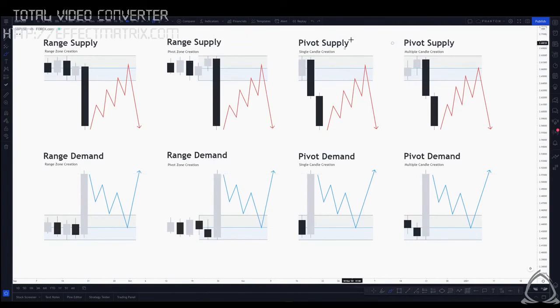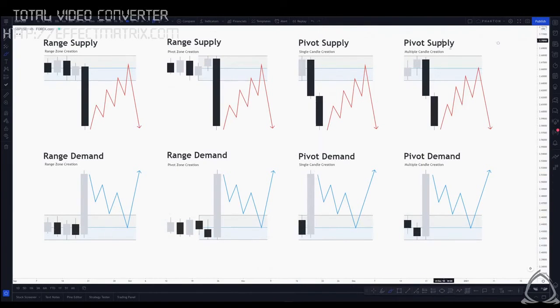But again, when we're coming back to pivot supply and demand, we have the single candle, which if we're looking at a reversal model would be something like this. There's your pivot, would be that right there. Or if we had a continuation, there's your pivot, and we're just drawing it on that singular candle.